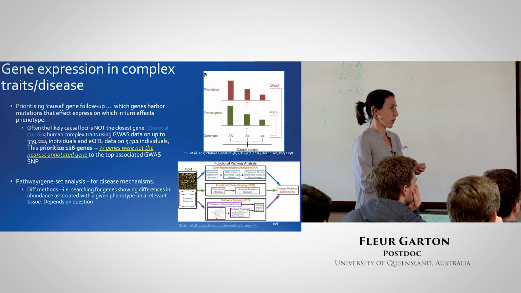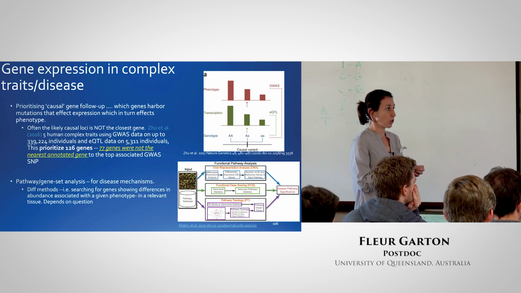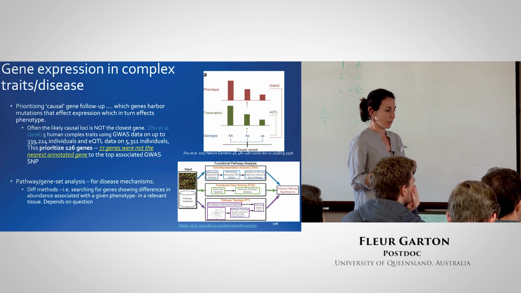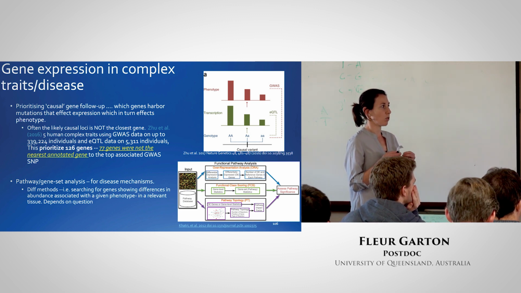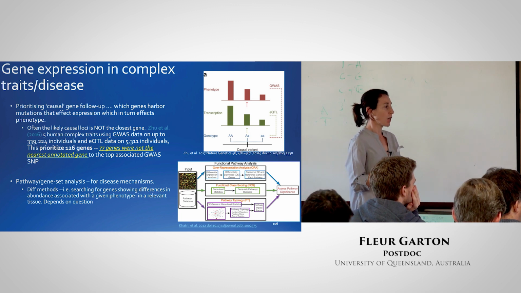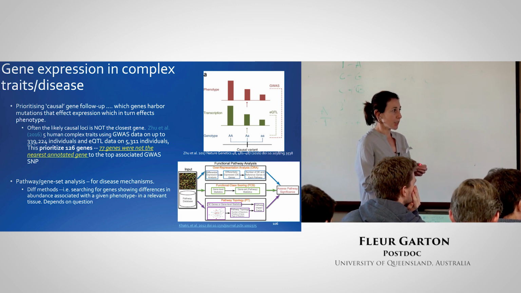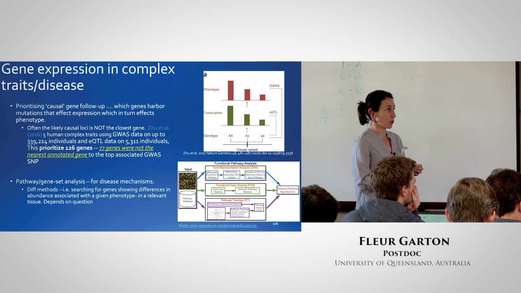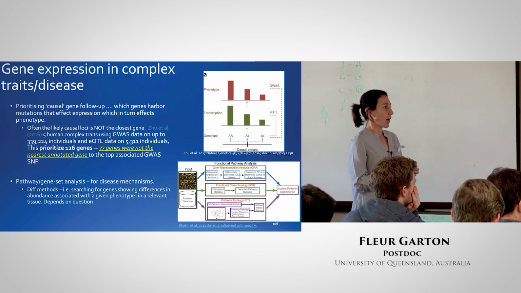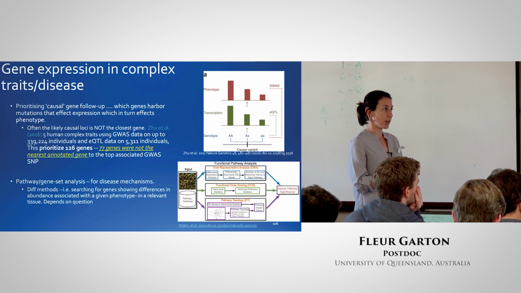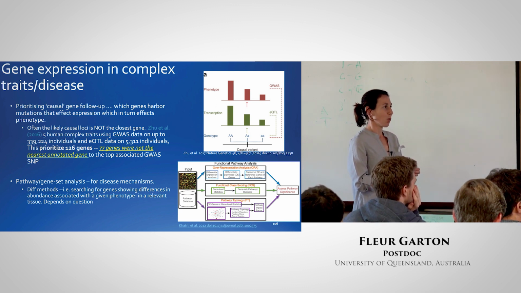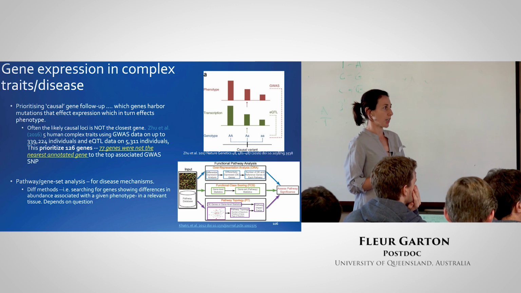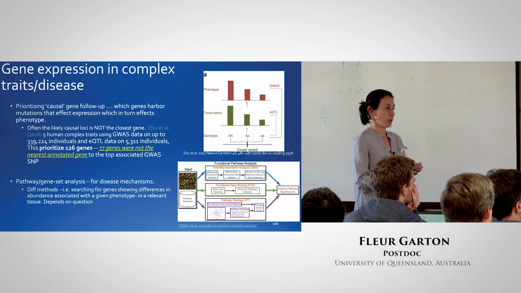This involved up to 300,000 individuals, and he also used QTL data on 5,000 individuals. This is all expression data from blood. From this, they were able to prioritize 126 genes. And of those 126 genes, 77 were not the nearest annotated gene to the top GWAS SNP hit.